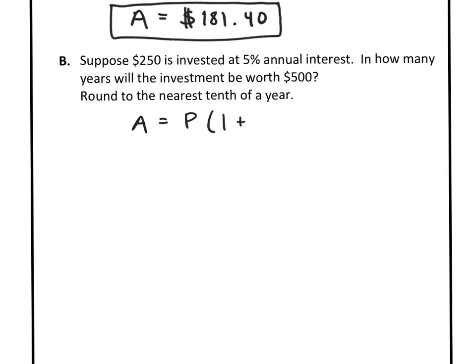It's kind of similar to the one on part A, but it's a little bit different. 250 is P, 5% is R, and 500 is A. In how many years will the investment be worth $500?